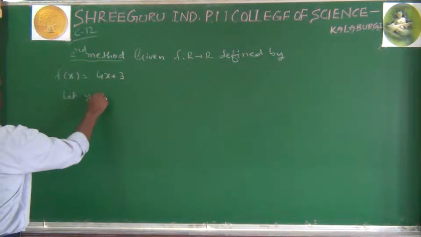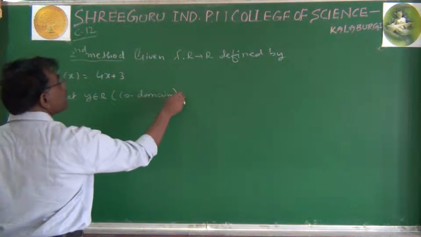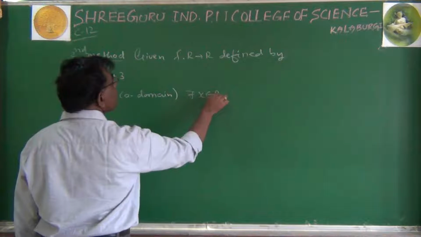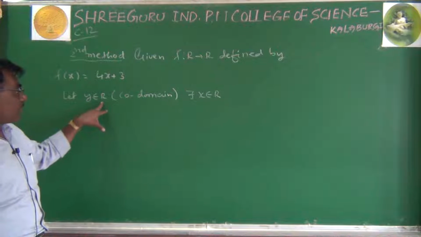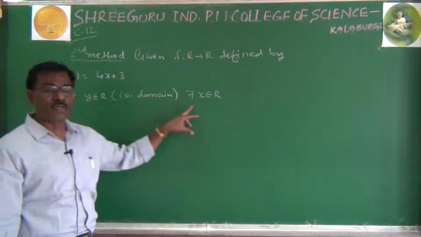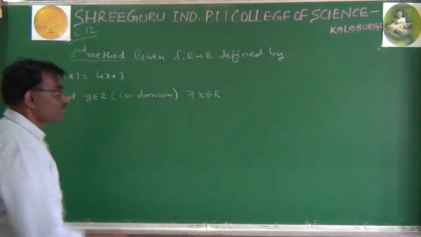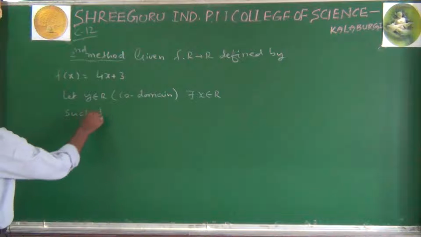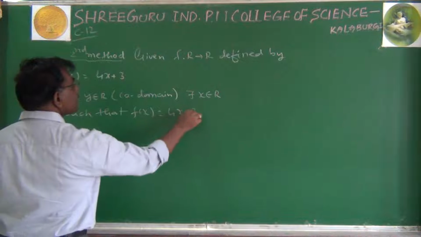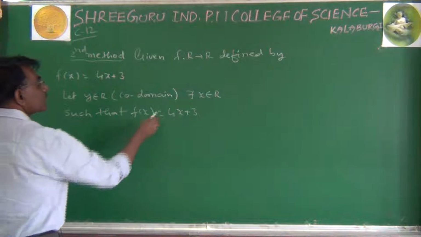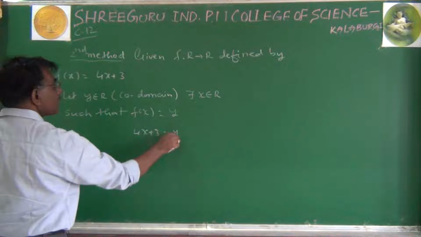Let y belong to R, the codomain. Then there exists an element x in the domain, a preimage in X, such that f of x equals y, that is, 4x plus 3 equals y.